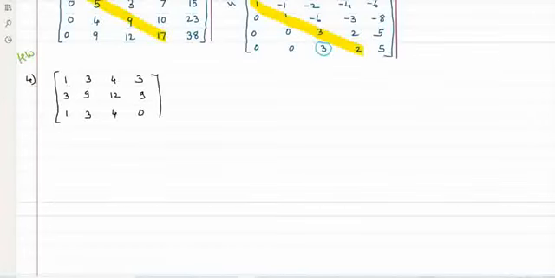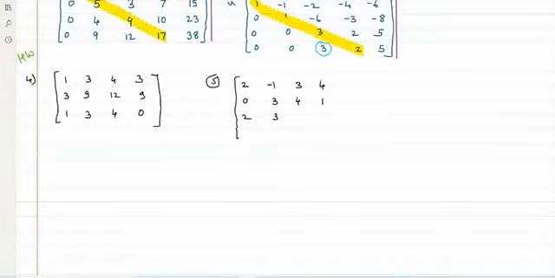That is the first matrix. And fifth one: 2, -1, 3, 4, 0, 3, 4, 1, 2, 3, 7, 4, 2, 5, 11, and 6.